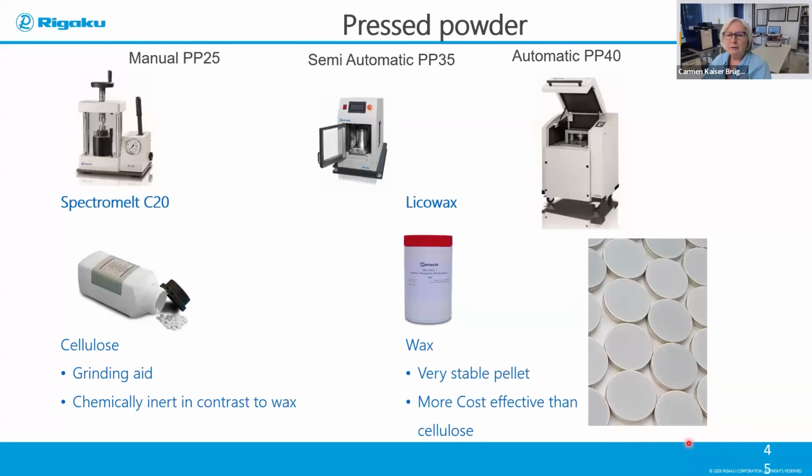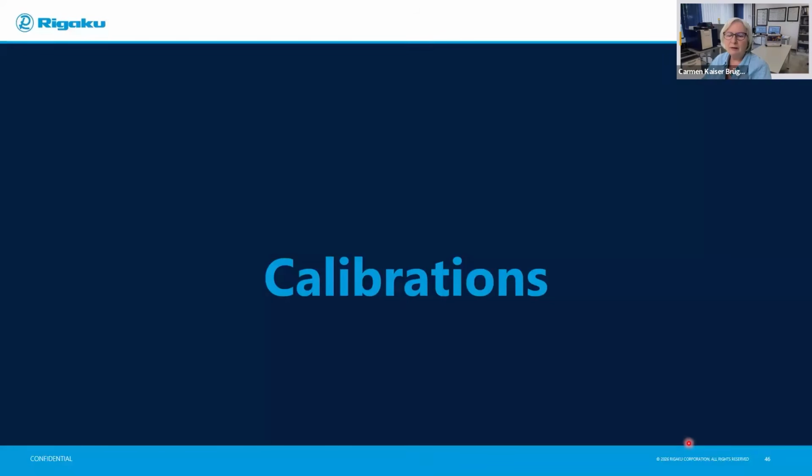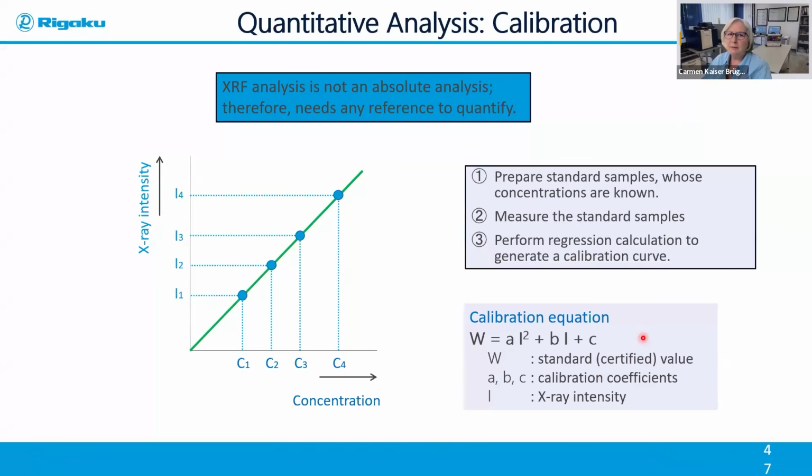Okay, so once we have prepared the standards, the secondary standards, in the correct way, we can then move on to some examples of calibration, which is very important. So basically, what is a calibration? In quantitative analysis, it's really important that we have some secondary reference materials to set up a correlation between intensity and concentration.